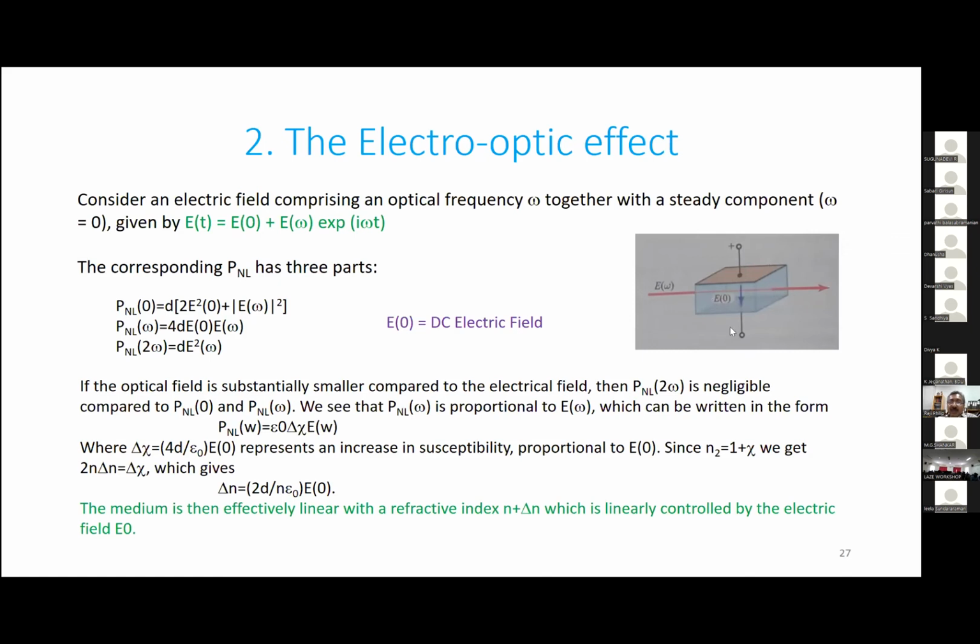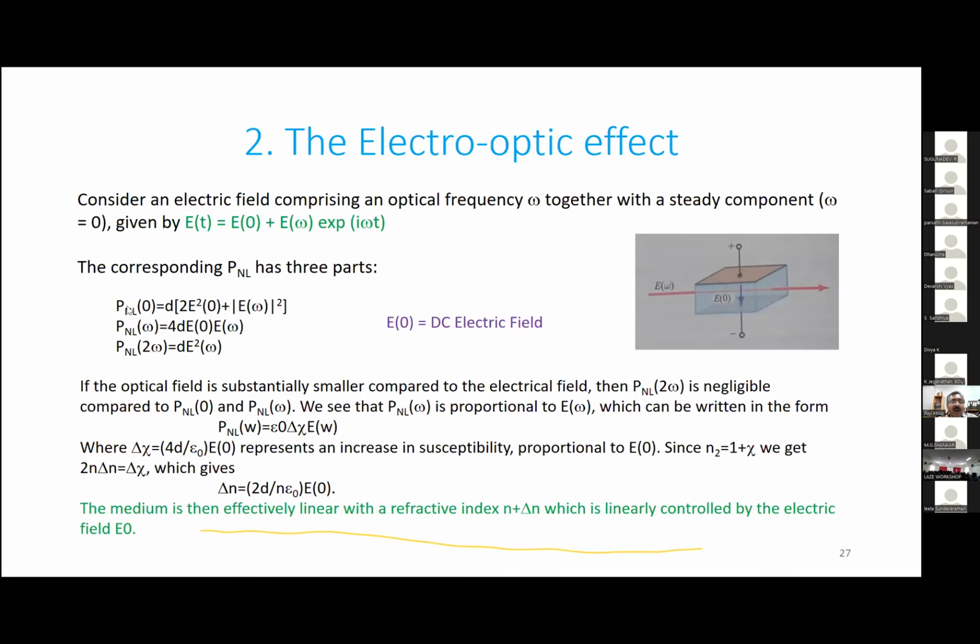So now you have two fields. One is the E omega field, the laser field, and the other is the E0 field, which is nothing but the DC field. When you take this quantity and square it, as we do for second order nonlinear optics, you find that there are three nonlinear contributions.